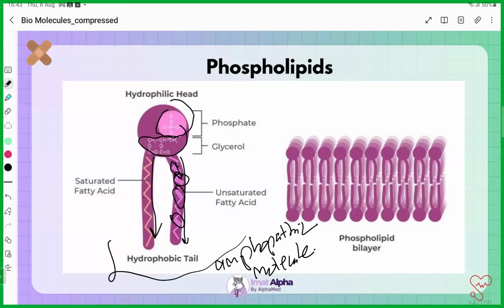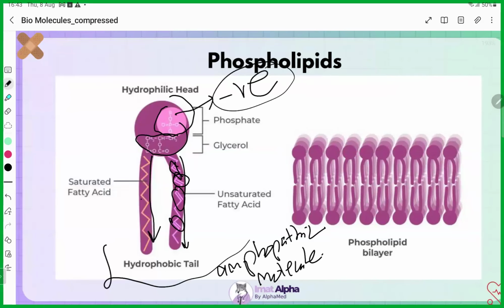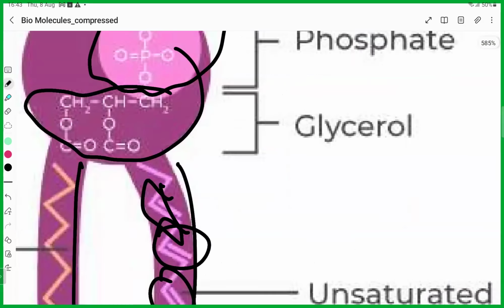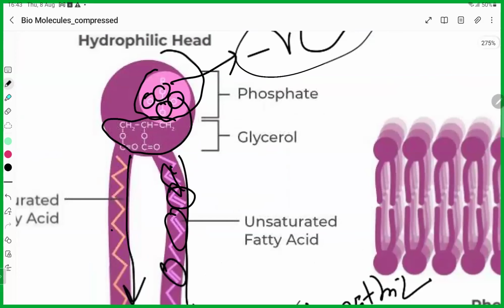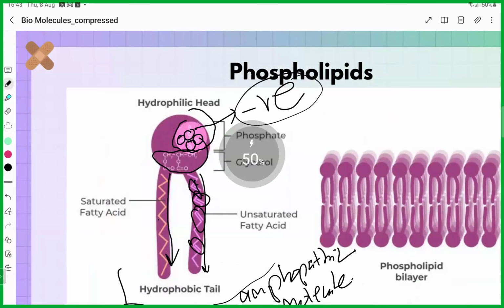The head consists of a phosphate group, and phosphate is a very electronegative, super negative molecule. Why? Because this phosphate group contains four oxygen atoms, and these four oxygen atoms increase the electronegativity in this head so much. The glycerol molecule is this, and then here we have the three.